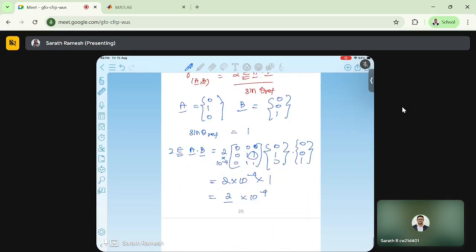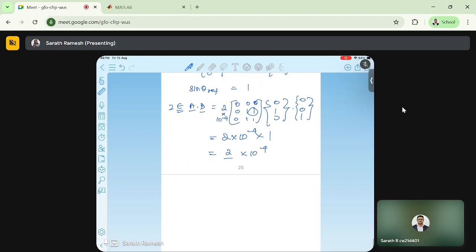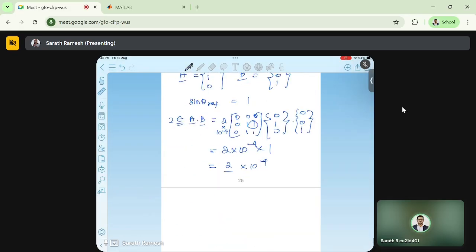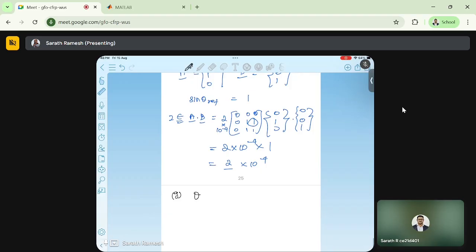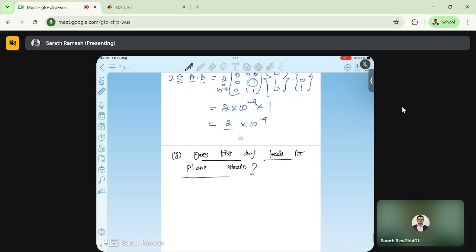F, okay. The next question, subdivision G: does this deformation lead to plane strain?